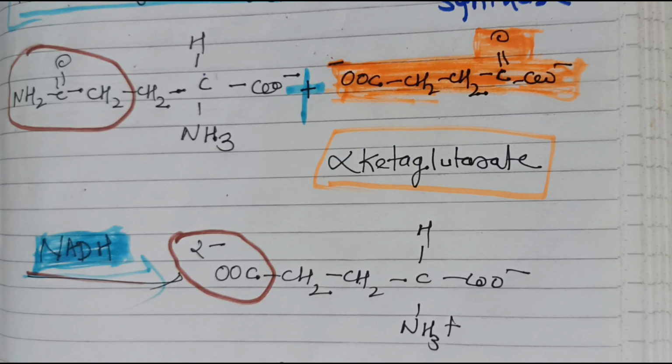It is also known as glutamine 2-oxoglutarate aminotransferase or GOGAT. So this glutamate synthase transfers the amino group of glutamine to alpha ketoglutaric acid, and it forms 2 molecules of glutamate, that is amination of alpha ketoglutarate.